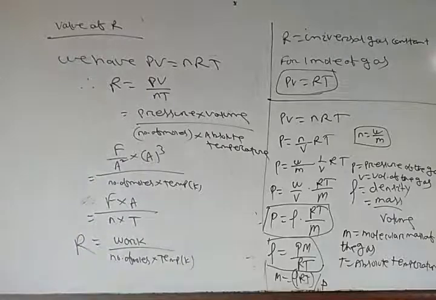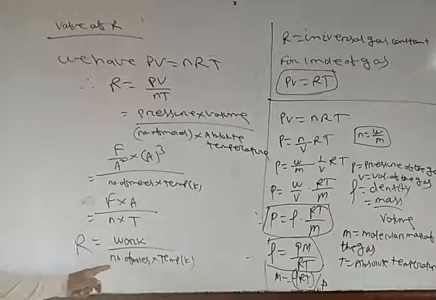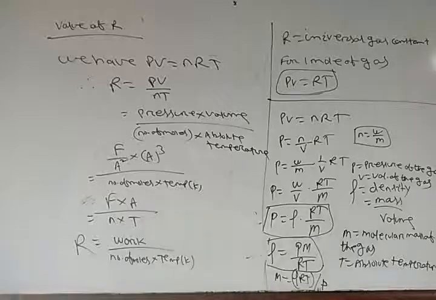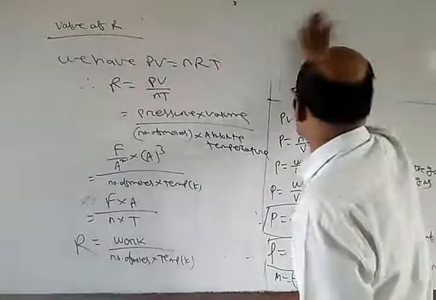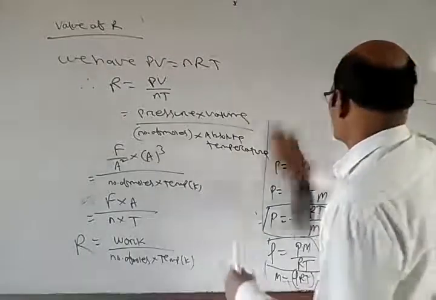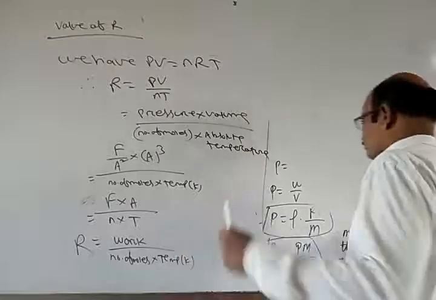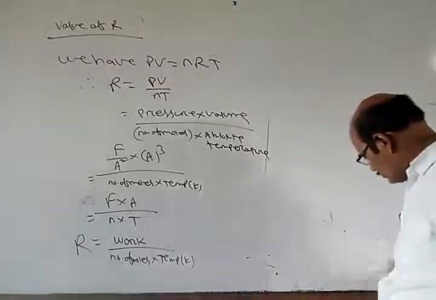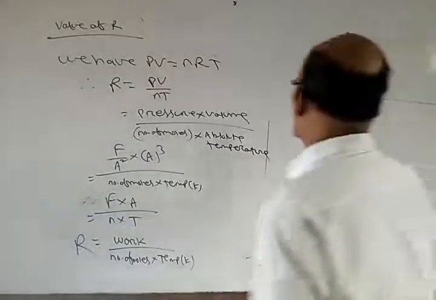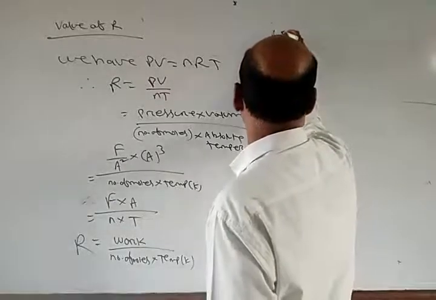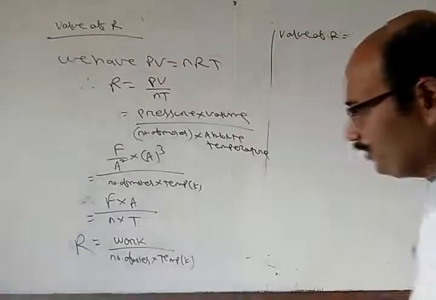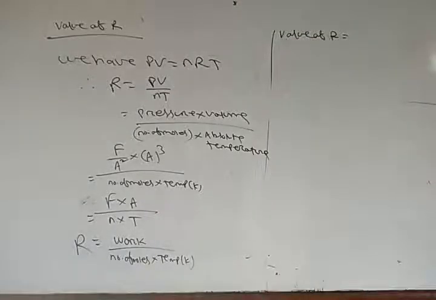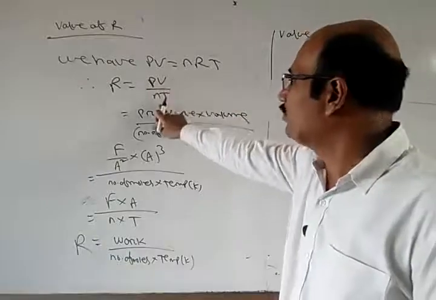Let me see, the unit of R can be expressed in terms of what? Work, mole and Kelvin. So therefore the value of R, if we put the pressure, volume, number of moles and temperature.